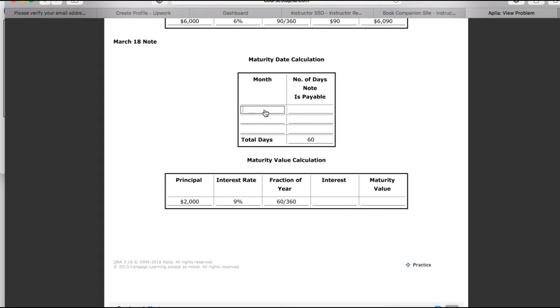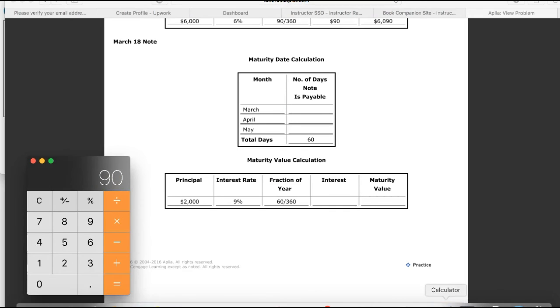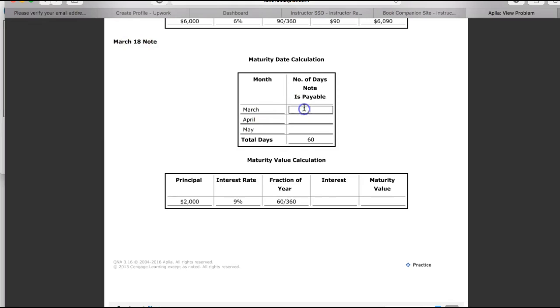So we started this in March, April, and May. We're going to take the number of days in March, which is 31, minus 18, since we started on the 18th, and that's going to give us our first amount of days. April will be the full month.